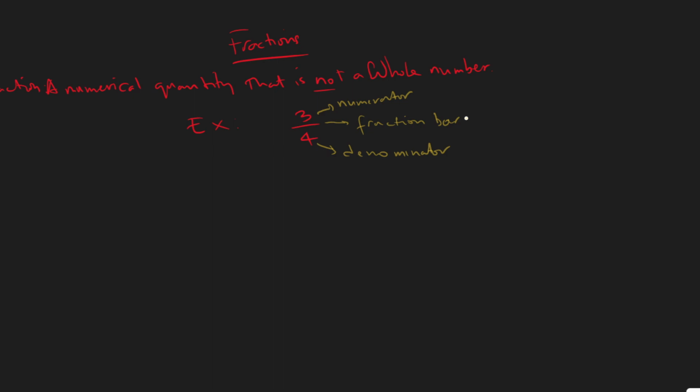The fraction bar is like division. Basically this is the same as division. So the bar, the fraction bar, is the same as the division sign. So here we get a fraction bar.